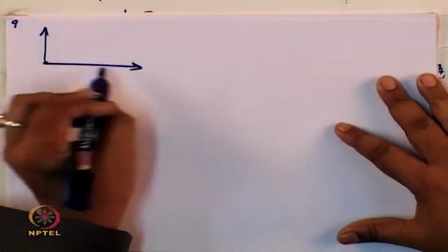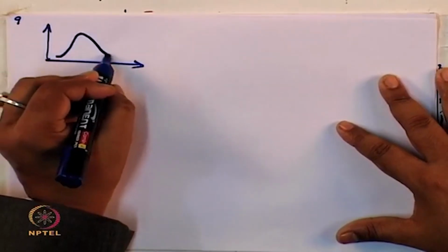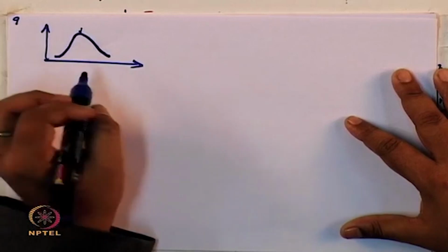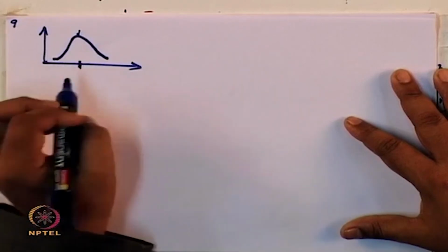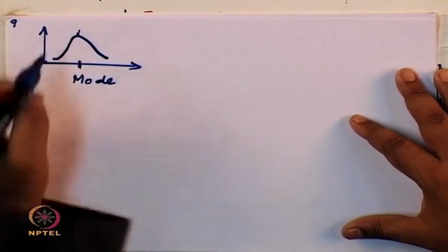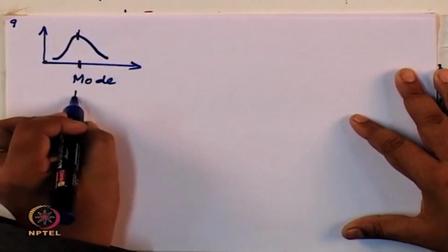What you can also observe from this distribution, since it is symmetric about the center, is that this is also the mode. Why? Because this is the maximum occurring value, and this is also the median.